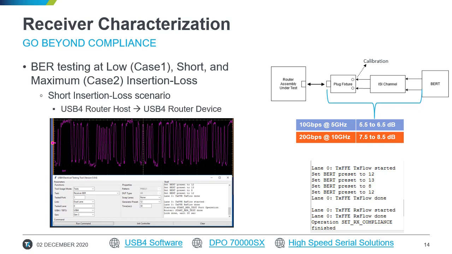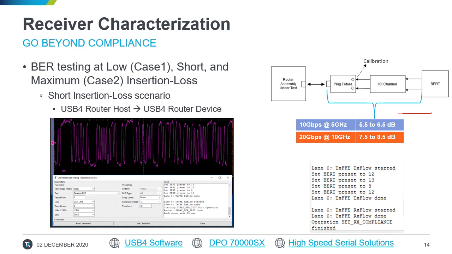So I came up with the calibration and concept for the short channel test. We will have an ISI channel of about 5.5 dB to 6 dB at 5 gigahertz, and then 7.5 to 8.5 dB loss at 10 gigahertz. This condition will mimic the short channel scenario.